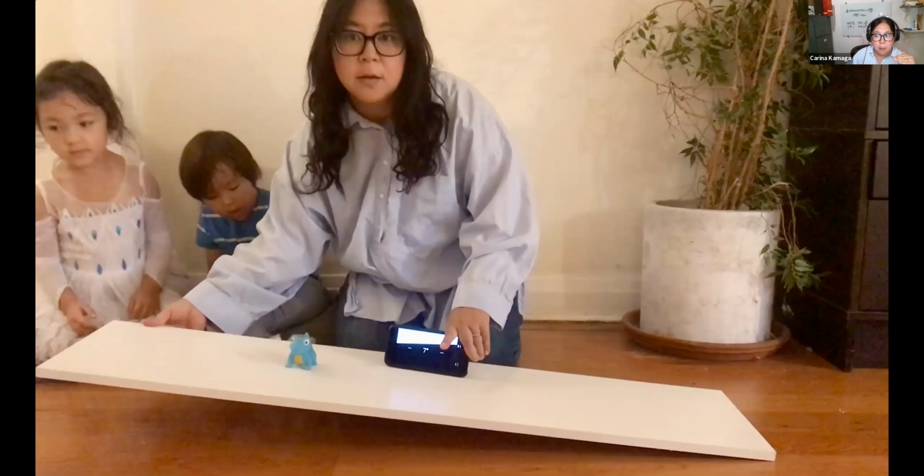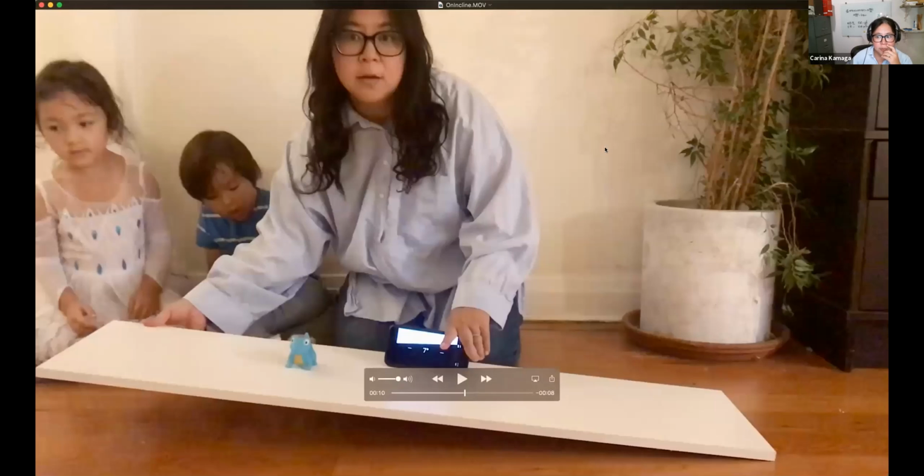So now you have a pushing force, the gravitational force parallel to the surface, pushing the dinosaur along the surface, and the normal force decreased. So the friction force decreases, and there is a force applied parallel to the surface due to the gravitational force that's parallel to the surface.